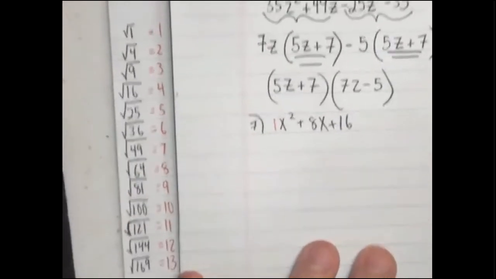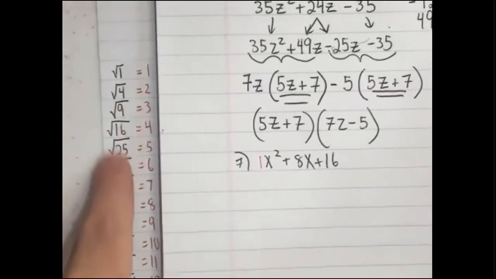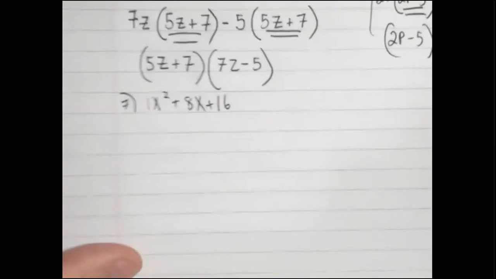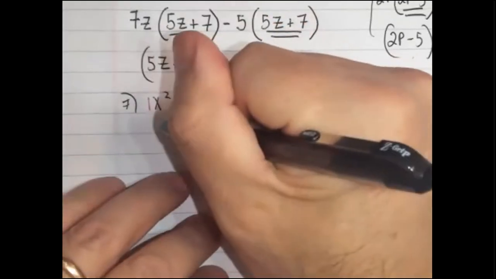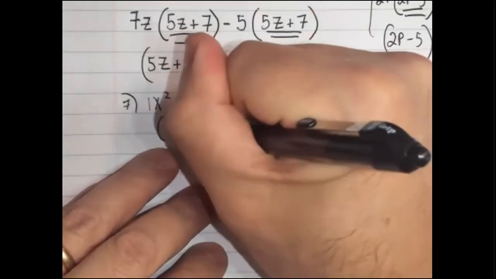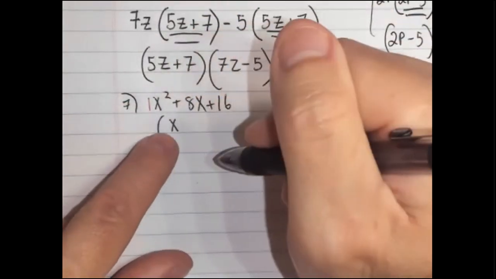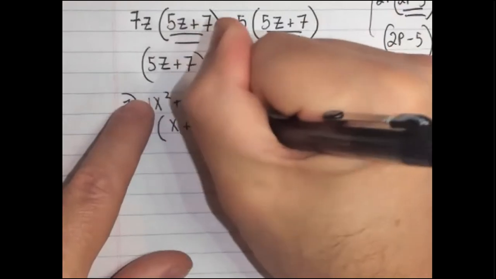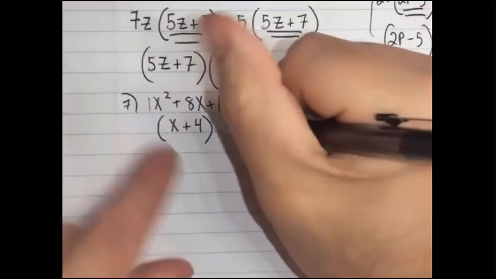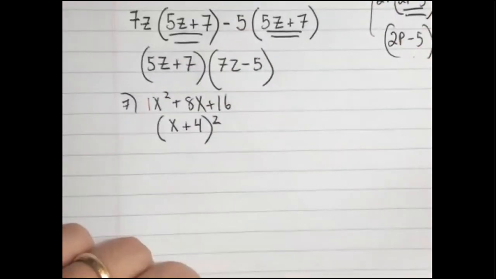If you look on that chart, the 1 and 16 are both perfect squares. So the way you factor it is you take the square root of the first one, which in this case is 1, so it didn't really change that. Then the square root of the last one, and then you square it.